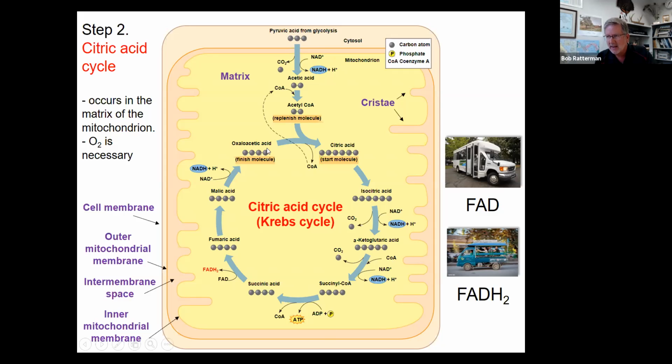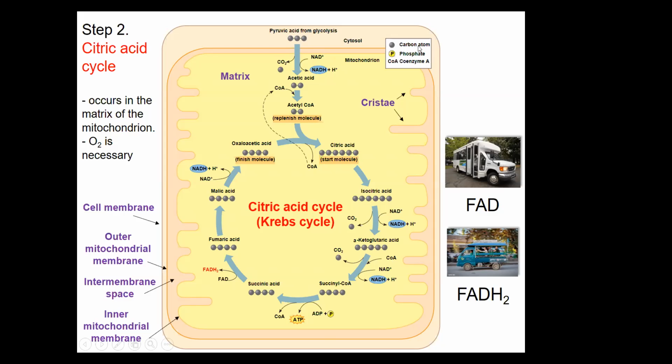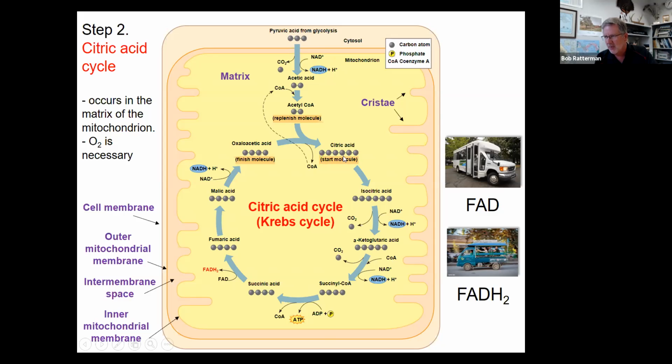I also said, if you watch the video I did the other day, that these gray circles represent what? Carbon. Right, and it says right up here, carbon atom. So this is a 6-carbon compound, which results from a 2-carbon compound combining with a 4-carbon compound.